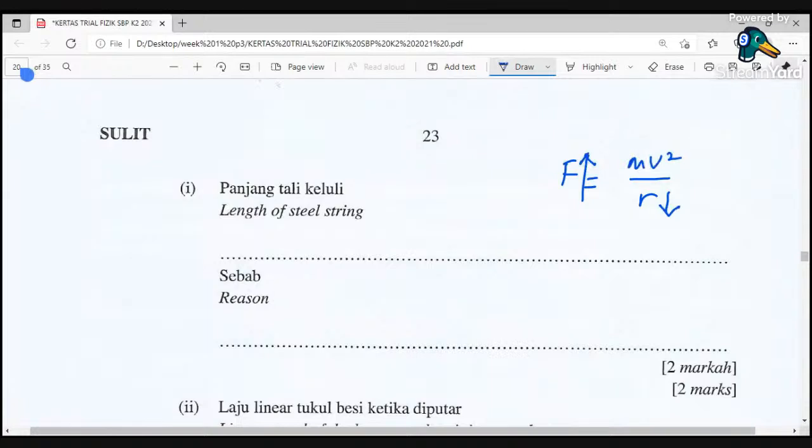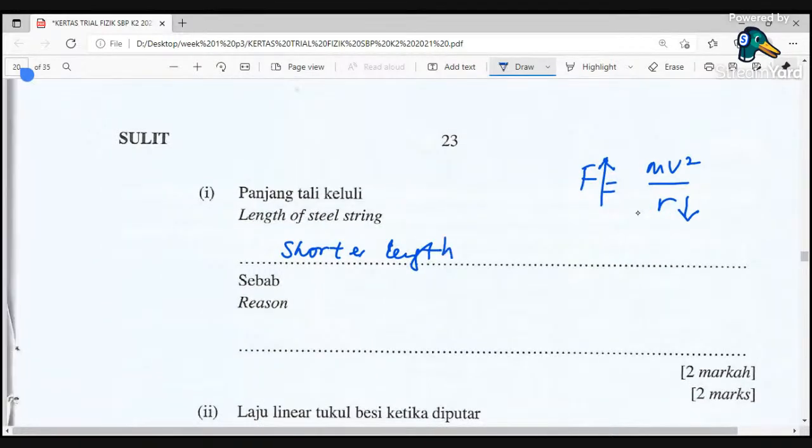So you can just write down shorter length of steel string. Okay, shorter. Give reason. Okay, larger centripetal force.